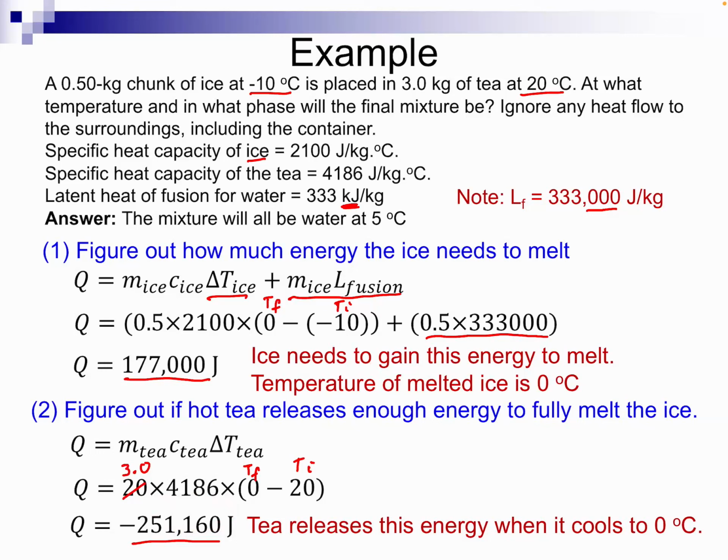So you conclude then that the final temperature of tea will not be 0. Because if we assume that the final temperature of tea is 0, then it will release 251,160 joules, but it's so much more energy released compared to how much ice needs to melt, and therefore the final temperature should be above 0.